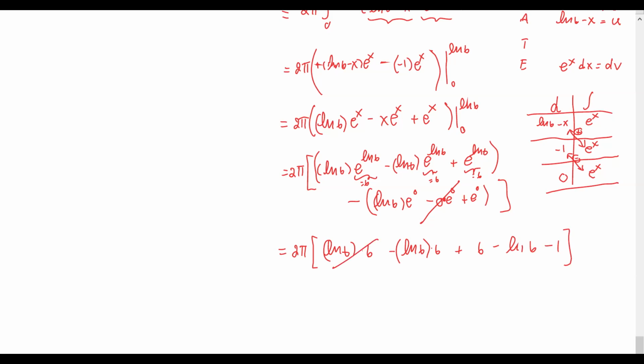So we have 6 natural log 6 minus 6 natural log 6, and 6 minus 1 equals 5. Therefore, the answer is 2 pi multiplied by 5 minus natural log 6 as the volume of this solid of revolution.